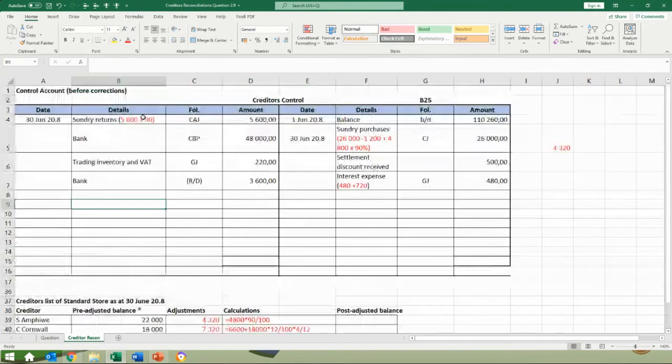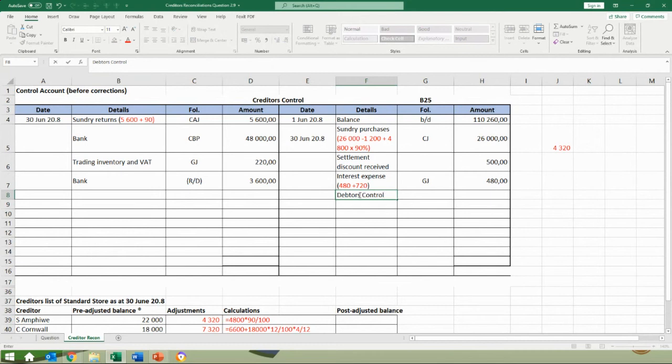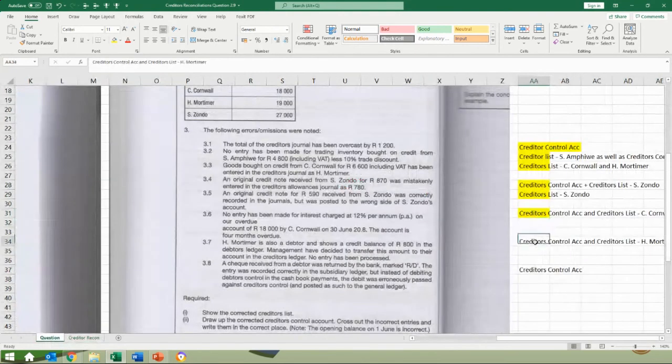But we also need to reflect it on our control account. So your contra account is debtors control. You would say general ledger and you would add 800 Rand on there. So let me just highlight that entire transaction red. Okay, so that's how you correct it up there.